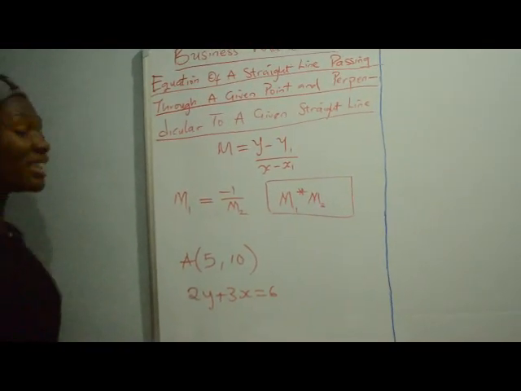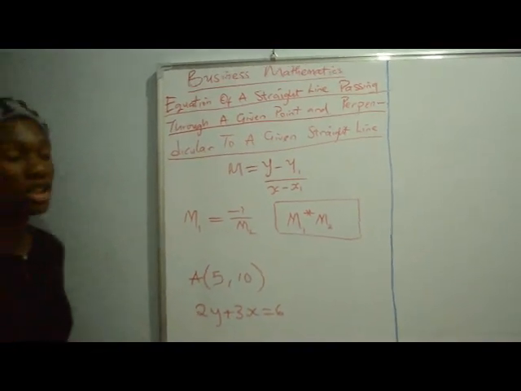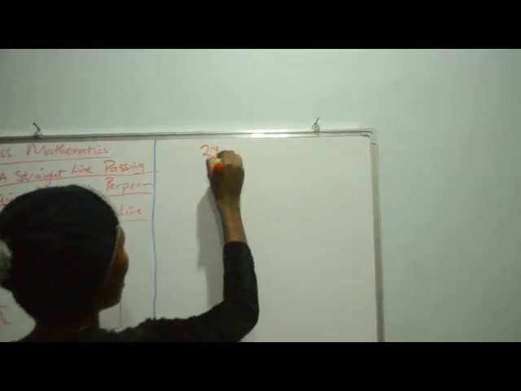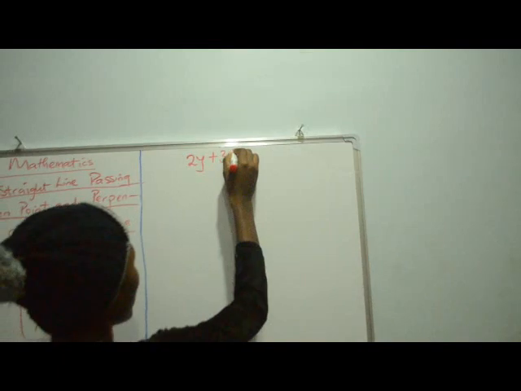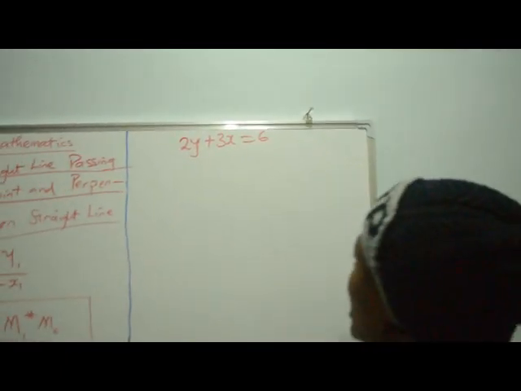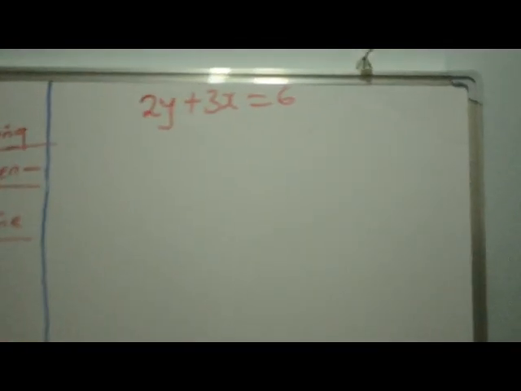All right, so the first thing we are going to do, like we did before, we'll find the gradient using our straight line function. So 2y plus 3x is equal to 6, right? Like I say, our gradient is the coefficient of our x when our y is subject of the formula.